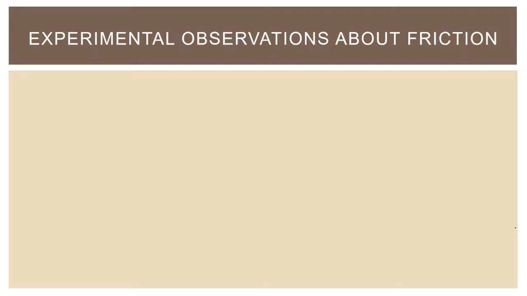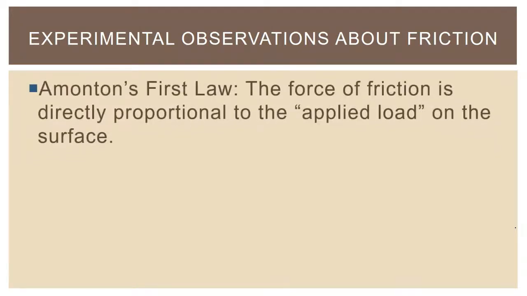The first experimental observation about friction is called Amontons' first law. Amontons was the scientist who discovered this, obviously. Amontons' first law said the force of friction is directly proportional to the applied load on the surface.